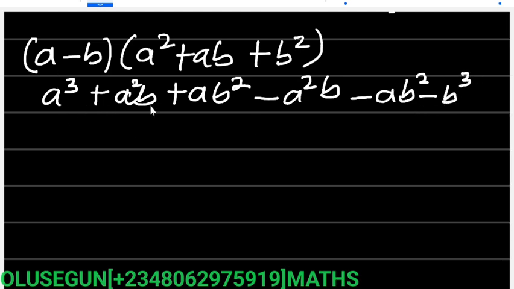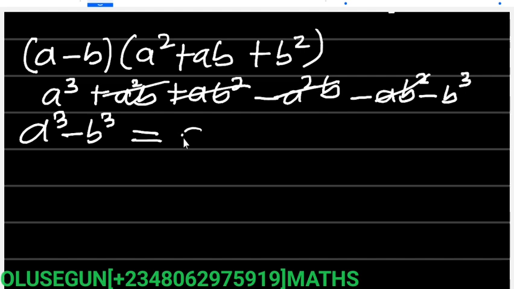So meaning to us that you see that a square b minus a square b will turn to 0, and at the same time, ab square minus ab square will also turn to 0, telling us that a raised to power 3 minus b raised to power 3 is the answer from this.